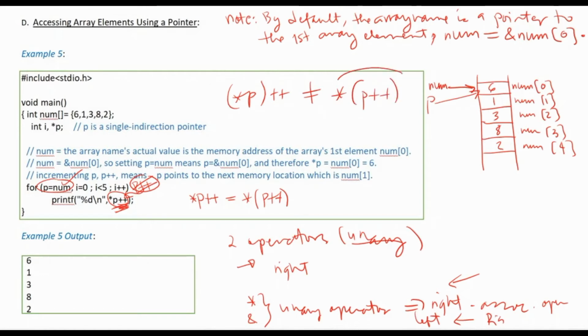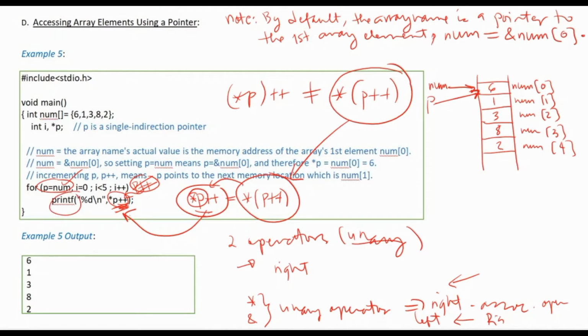Since we are using this expression, which is equivalent to that, which is the expression we have here in the program, how would this pointer behave now and what is the output? P is initially pointing on num0 with value 6 and every iteration you increment P. But before you increment P, you have to get the value first of P and display it because this is a printf.